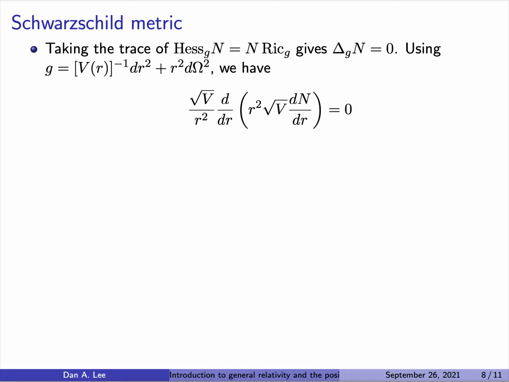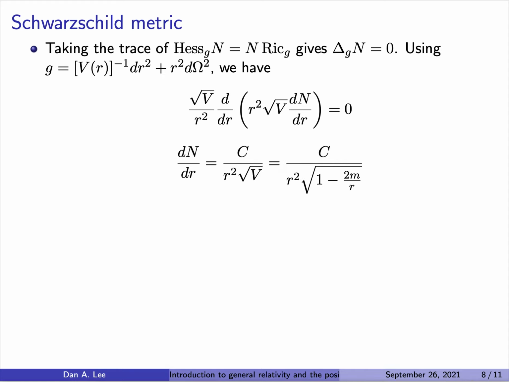So obviously the term in the front, square root v over r squared, just cancels away. So you integrate 0 to get a constant, and then dn/dr is just that constant over r squared square root v. And remember, we have the right formula for v: v is 1 minus 2m over r.